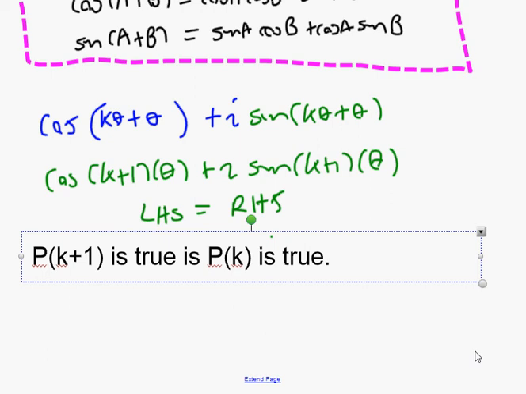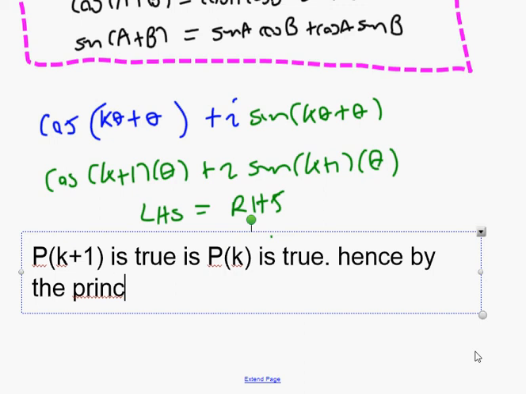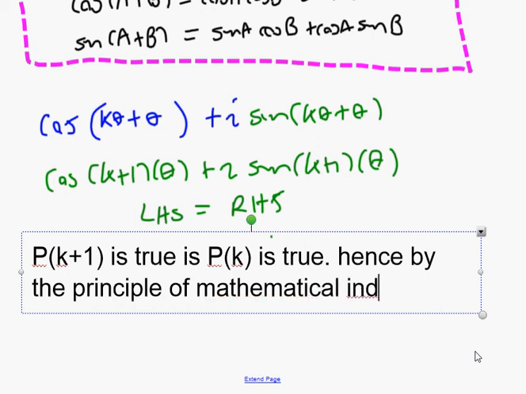Hence, remember to spell principle properly. By the principle of induction, P(n) is true.